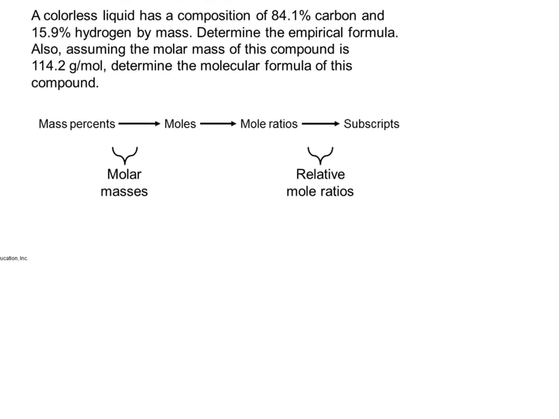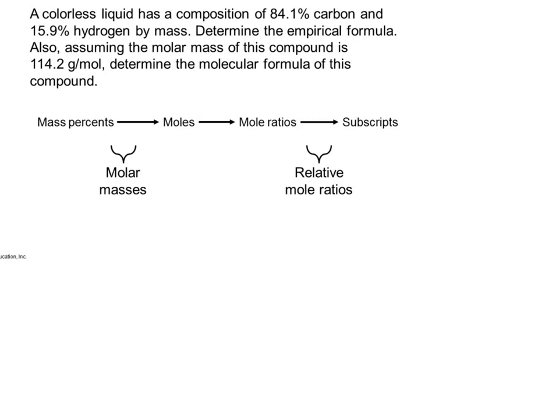A colorless liquid has a composition of 84.1% carbon and 15.9% hydrogen by mass. Determine the empirical formula. Let's focus on that part of the problem right now. Let's go from percent composition to empirical formula, and let's do it step style here.